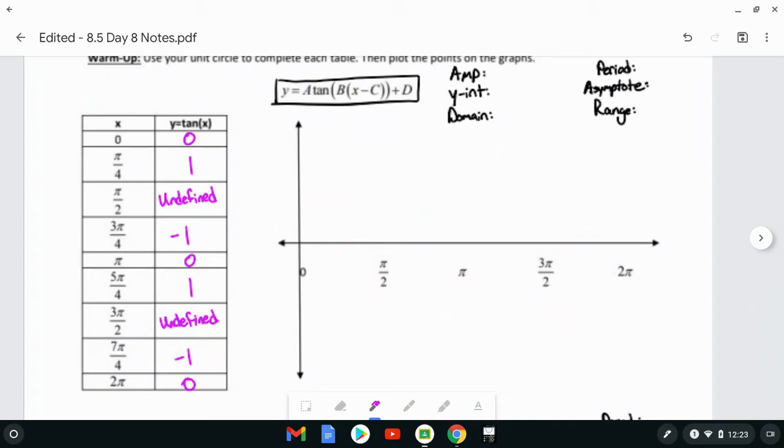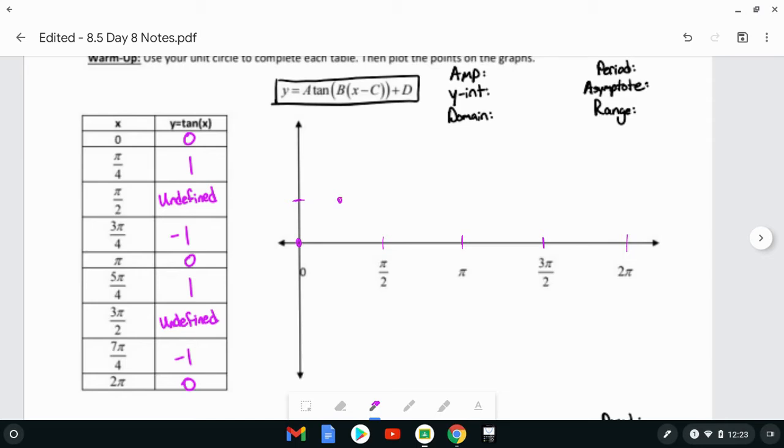But the most important thing is that you recognize these specific coordinates for the base functions of tangent of x, cotangent of x, secant of x, and cosecant of x. So if we notice this table, we see that tangent of x is at 0, 0 for 0. At pi over 4, which is somewhere in this region between 0 and pi over 2, it's going to be at 1.